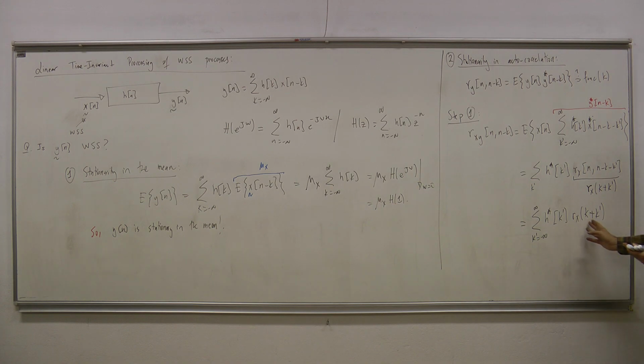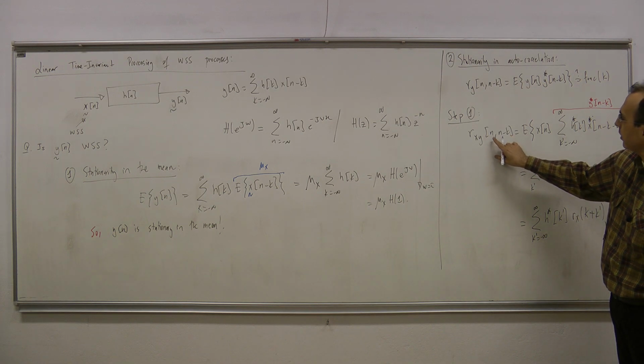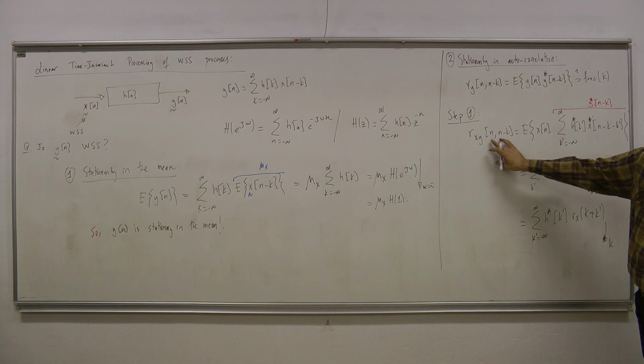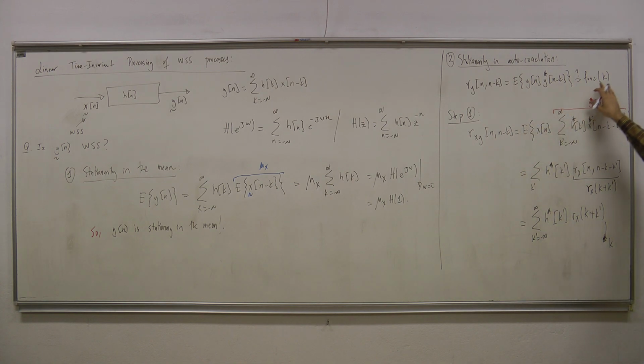Well, this looks like a convolution, but it's not exactly like a convolution. So let me do a variable change. Okay. So first of all, this is something nice because I don't see any n's right now on the right hand side. So you see that this does not depend on n, so this is a function of k. Okay? Because k prime is just a dummy variable of this summation, so this is a function of k.